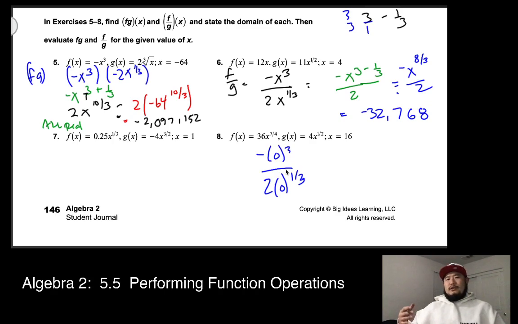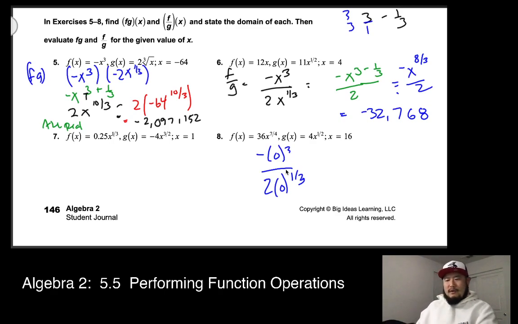But then what happens when I have 0 over 2? Does it end up being 0? What ends up happening here?